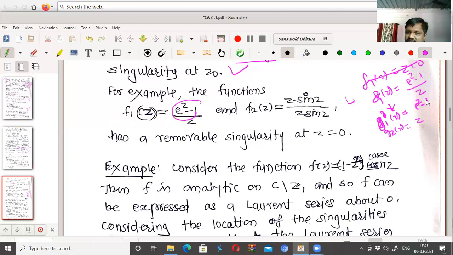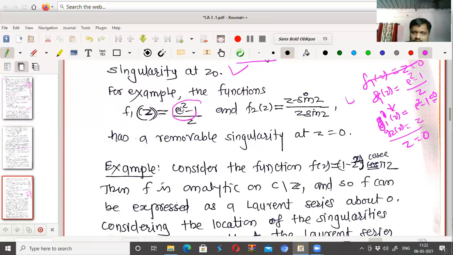Now, g1(z) has a zero of order 1 at z equal to 0 because at z equal to 0, e^z minus 1, that is 1 minus 1, we will get 0. Similarly, g2(z) has a zero at z equal to 0 because if I take z equal to 0, g2 also equals 0. So g1 and g2 both have zeros of the same order at z equal to 0.